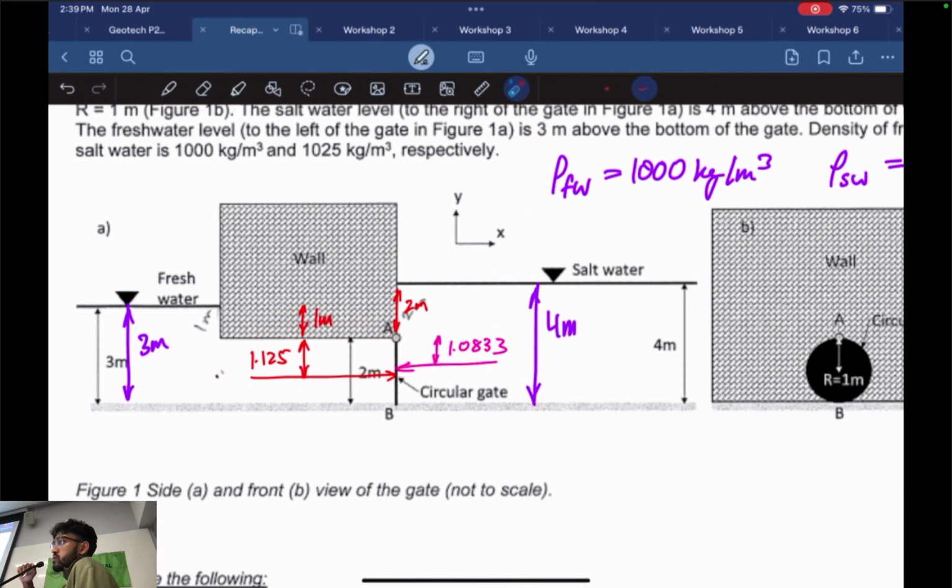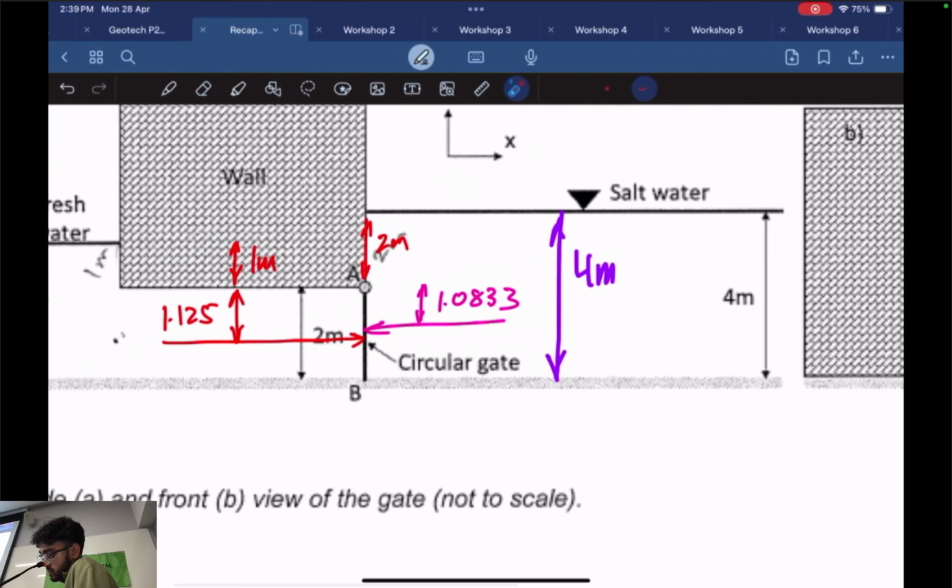When we're calculating moments, we need a force and we need a lever arm. That lever arm is going to be the distance between point A and the force itself. So what I've just done quickly is calculate the lever arms for each force.